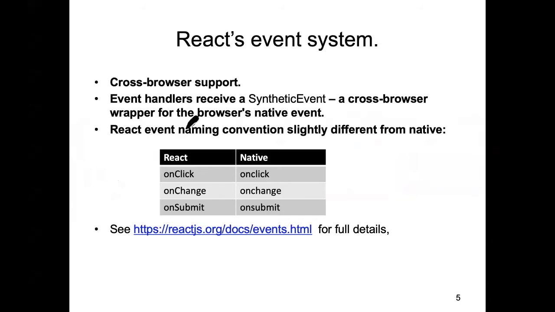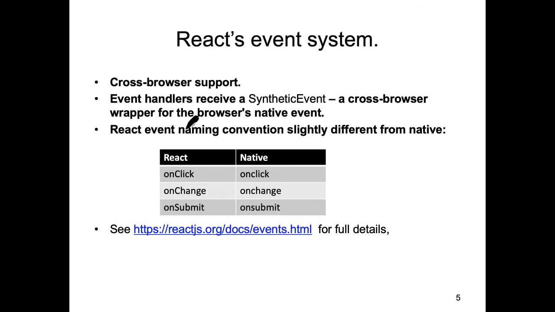Now, obviously, from browser to browser, the structure of these event objects is slightly different. They're native to each particular browser. That's not a good thing if you want your code to run across different browsers or in multiple platforms or multiple browser environments.